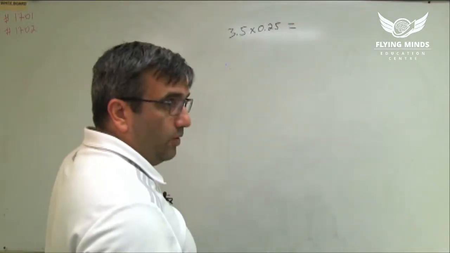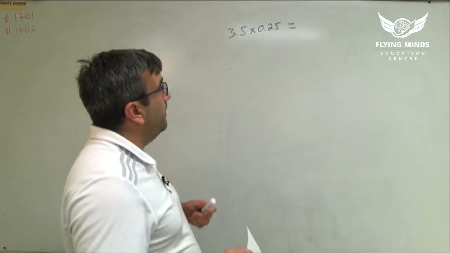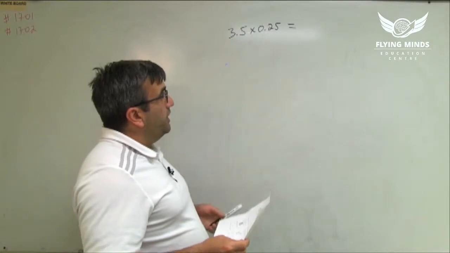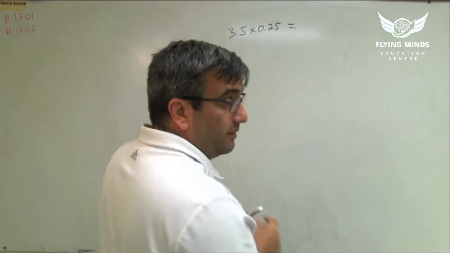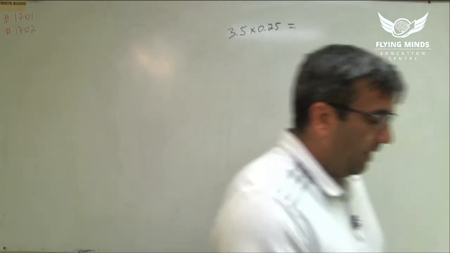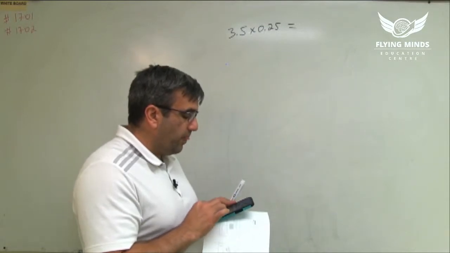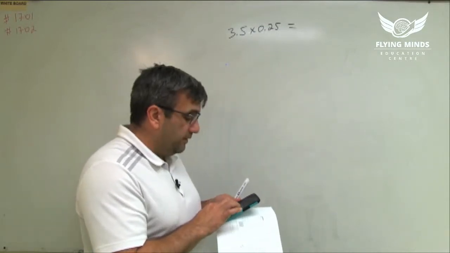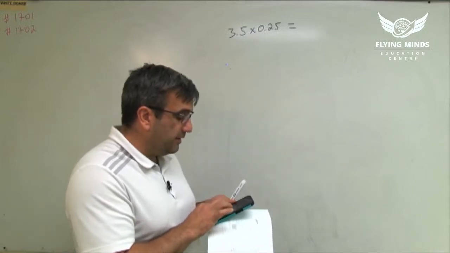Okay, so you may use calculators. So 3.5 divided by 4, that will be, okay.